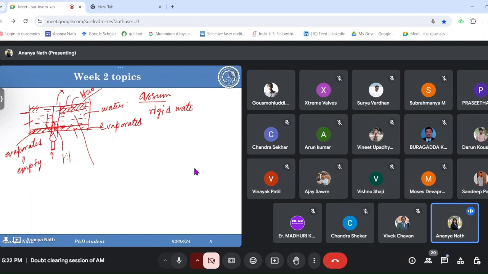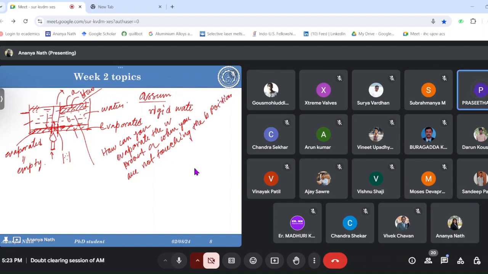So this is region A. How can you evaporate the water present in A, and this is portion B, when you are not touching the B portion? We can heat from the top. Okay, the candle is like you. How can you heat a pot of water from above using a candle? You have to heat it from the bottom portion, no?